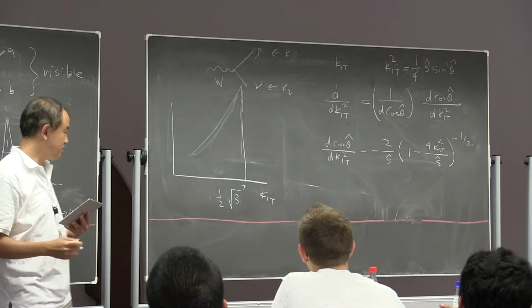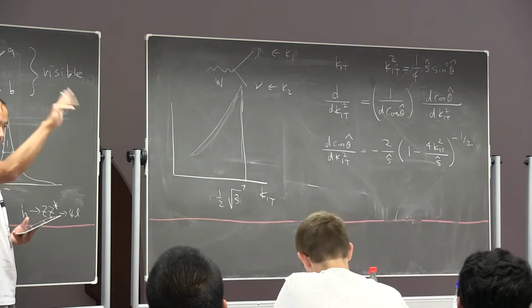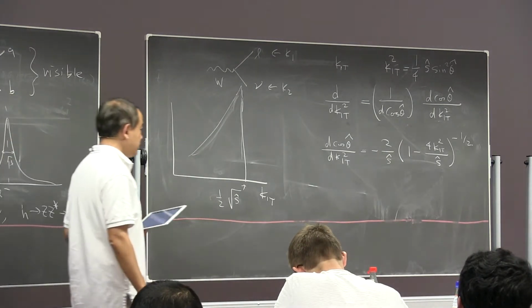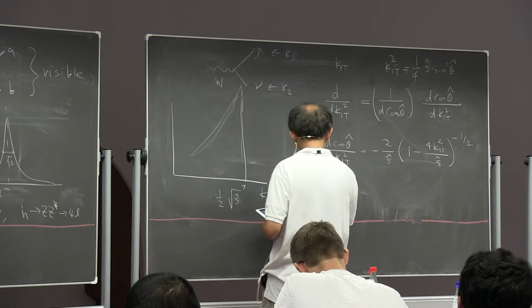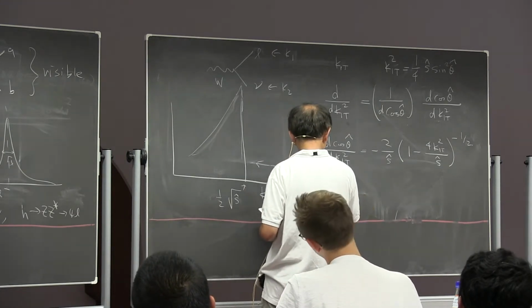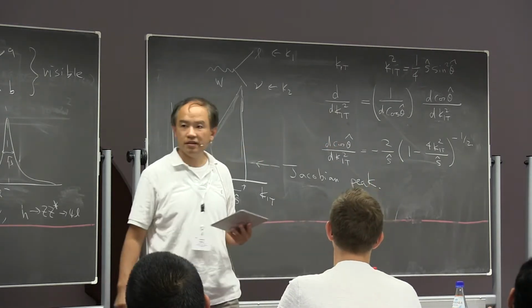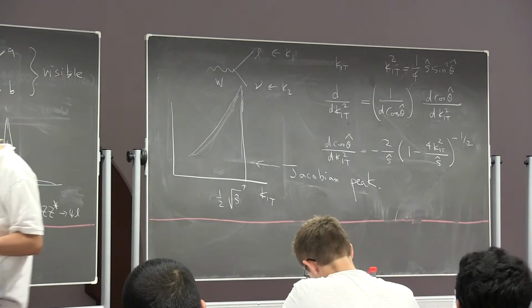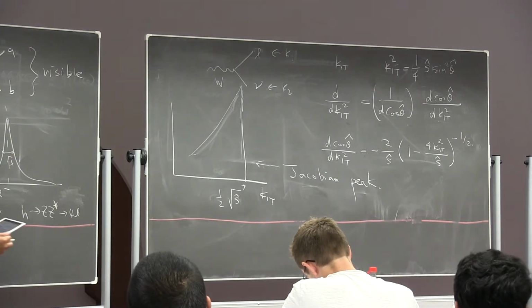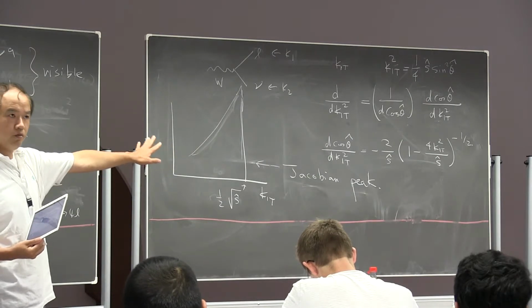It's not as nice looking or symmetrical as the resonance, but there is a peak. Because it's coming from the Jacobian, it's called a Jacobian peak. So this is basically what you're looking for for a W particle.